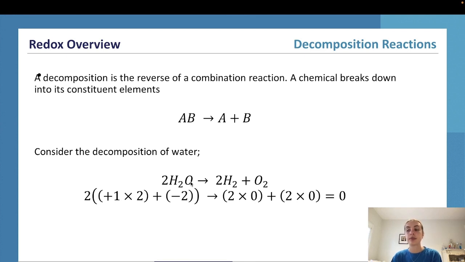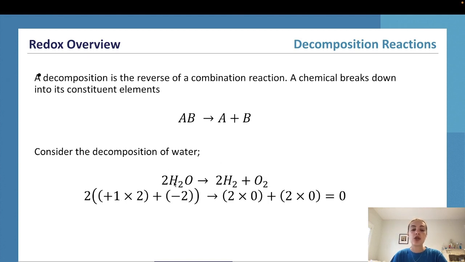And we know that once we get to the H2 here, that's got a charge of 0, because that's following rule 1. It's only made up of one element type. And same with our oxygen, that's only made up of one element type.